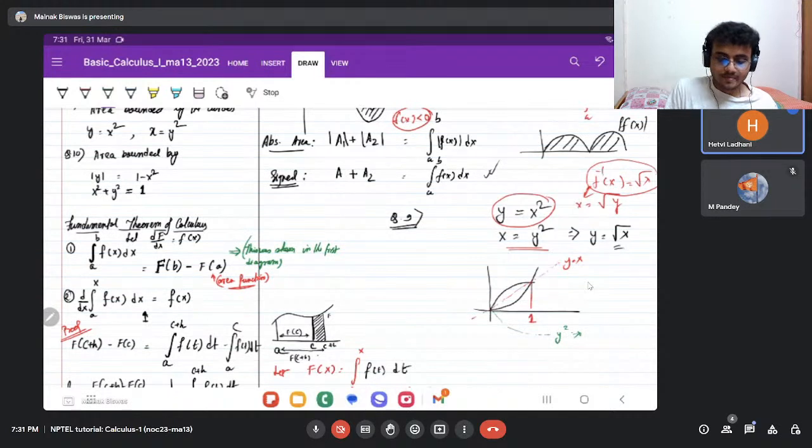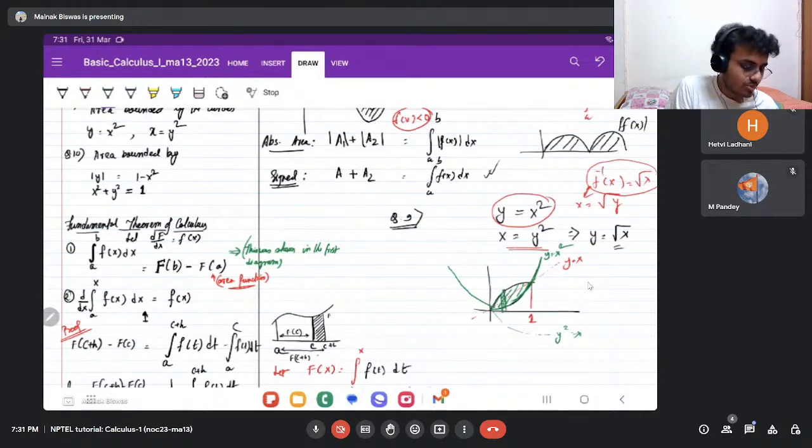And this is the area that you are told to find. Which is above and which is below? y equals x square is below. So what can you write? You can find this area as a difference of areas, right?